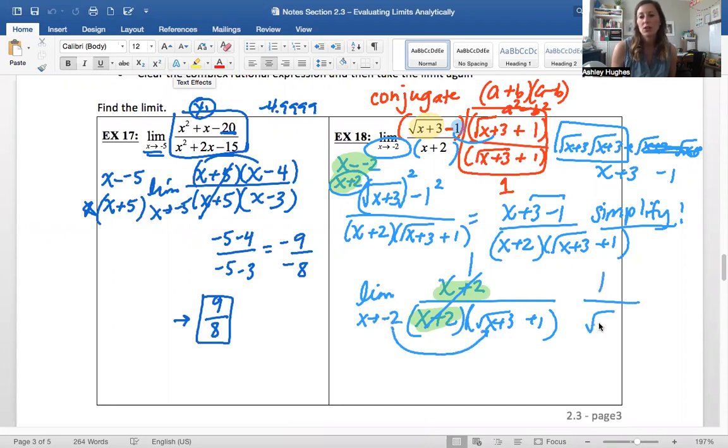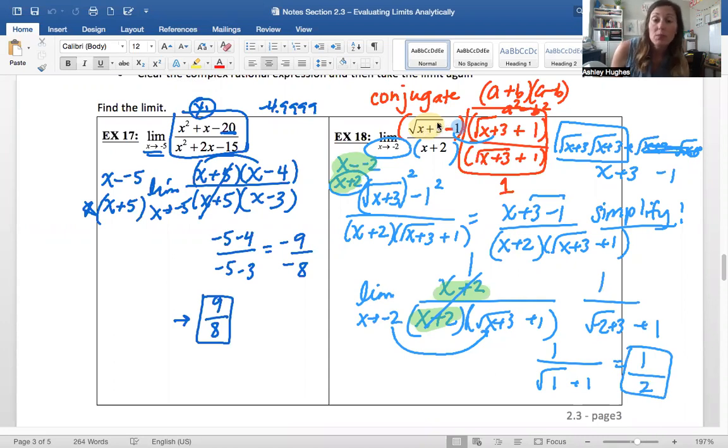So 1 over the square root of -2 plus 3 plus 1. So 1 over the square root of 1 plus 1. So 1/2. So when you see a square root, you're going to multiply by the same term with opposite sign in the middle, on top and bottom, and simplify.